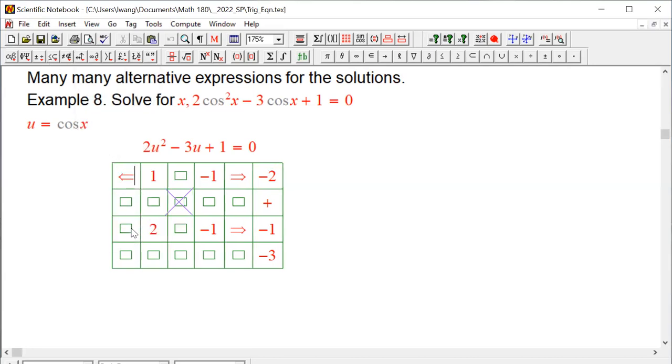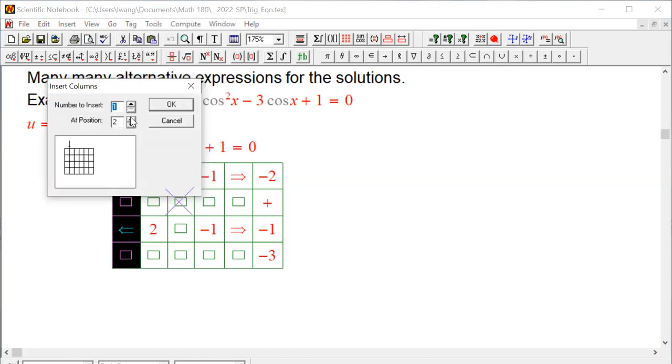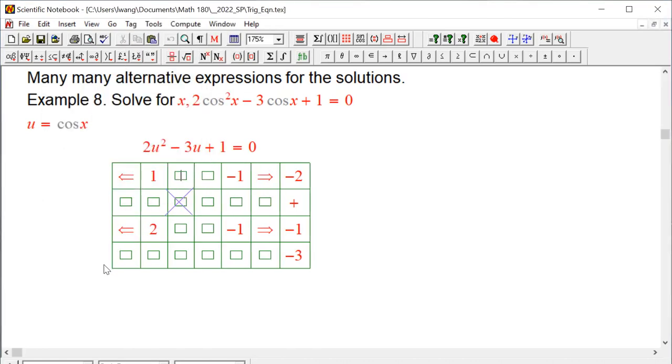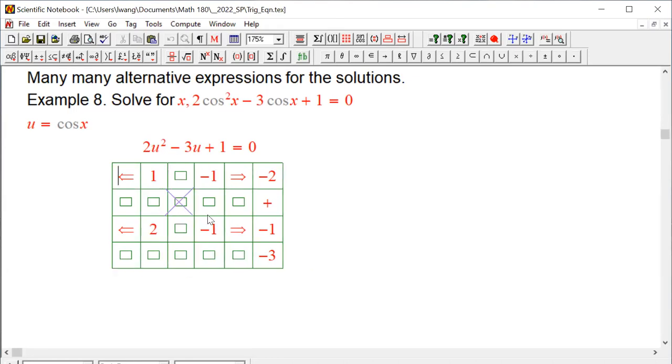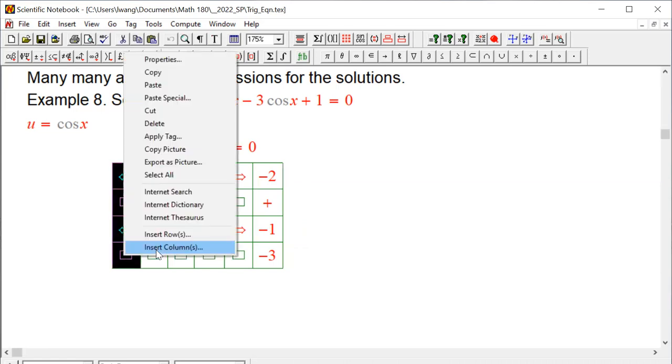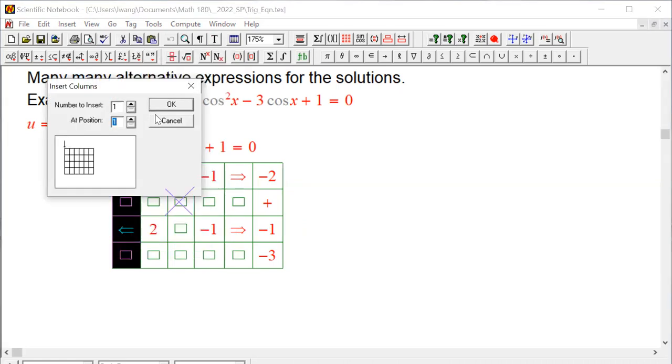Let me insert one more column. Oops, that's the wrong place. Okay, so put a new column in the front.